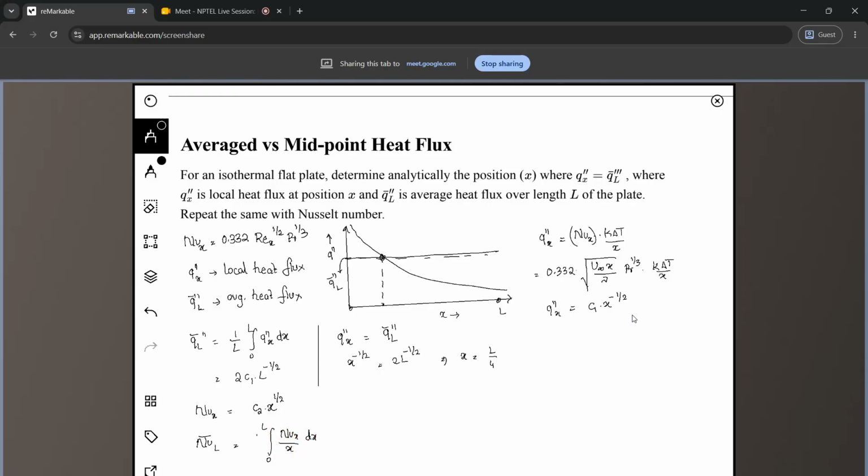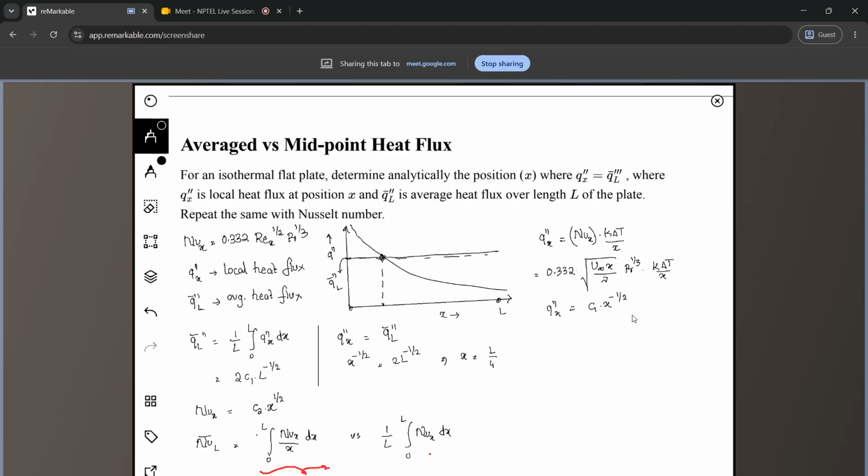In order to calculate the mean Nusselt number, you have to first calculate the mean heat transfer coefficient and then calculate the Nusselt number from that. Another common mistake that one sees even in our college is that people actually use this relation to calculate the mean Nusselt number, which is not the right way. The mean Nusselt number is actually defined in this particular fashion.